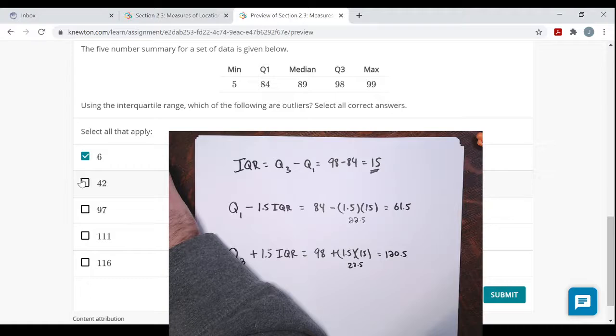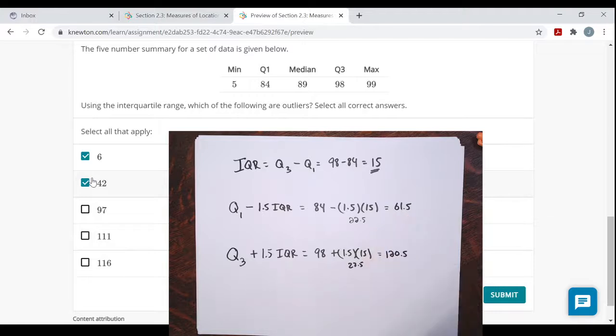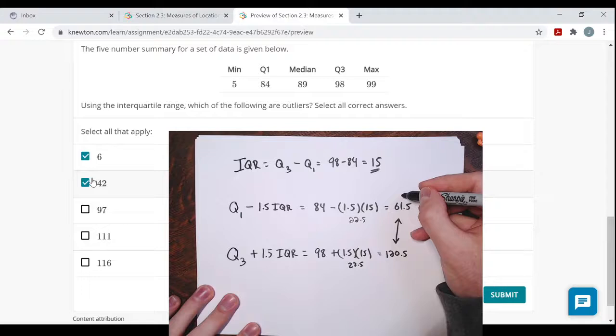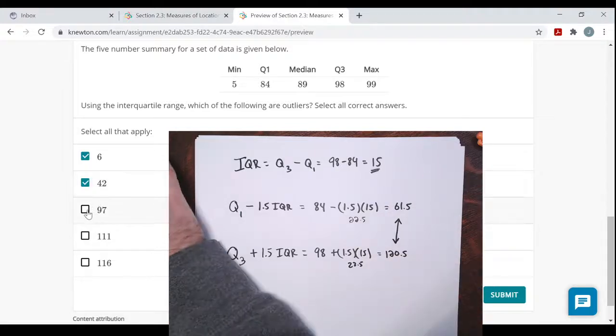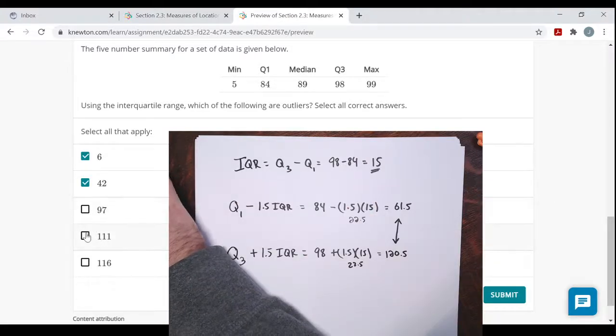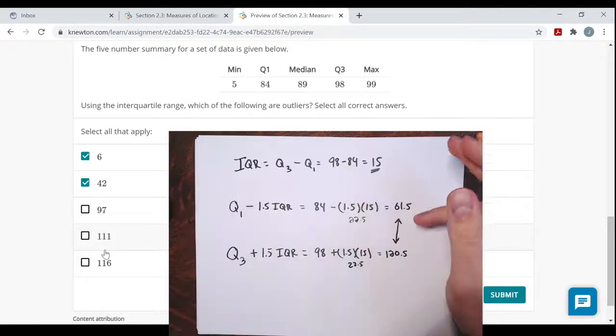Right? 42 would also be a potential outlier. 42 is less than 61.5. Anything in this range is fine. Anything below this is an outlier. Anything above this is an outlier. 97 is within this range, so not unusual, not a potential outlier. 111 is in this range, so that's okay. 116 is in this range.